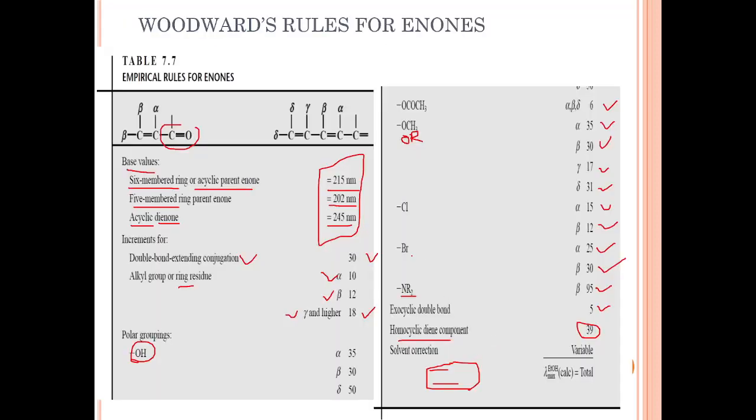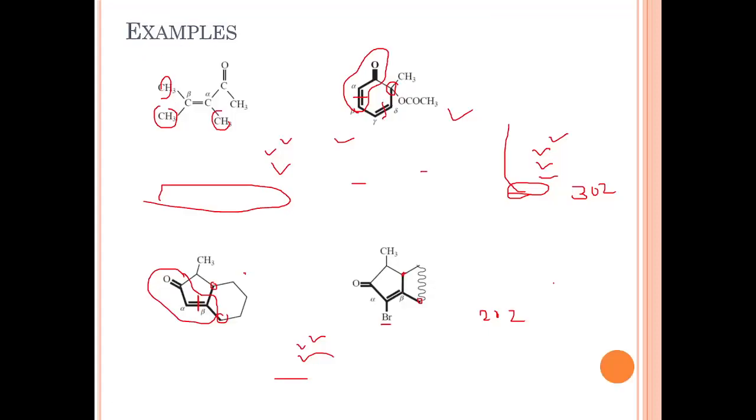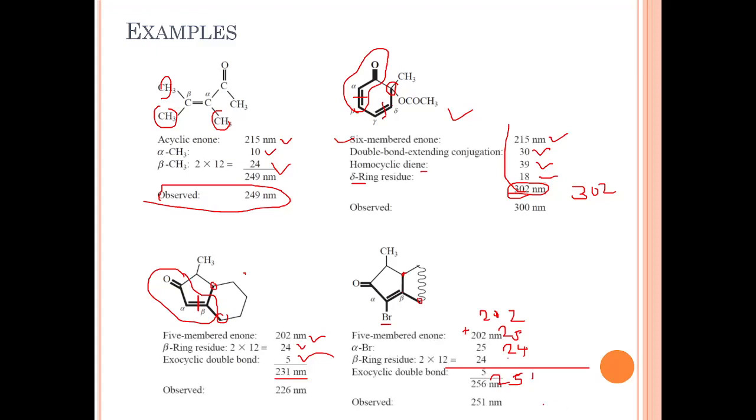Alpha Br will have 25, so 202 plus 25 plus 24 for beta substituents. Any other values? No, we don't have any other substituent. So this comes to around 251. Let's see whether our calculations are correct or not. Okay, this is 251.